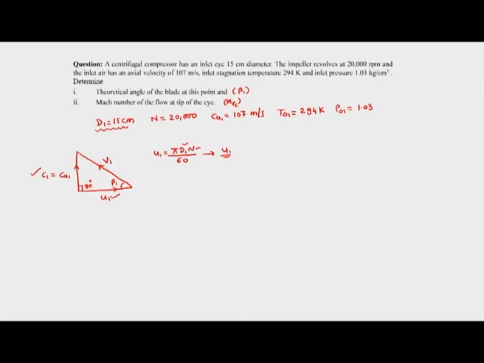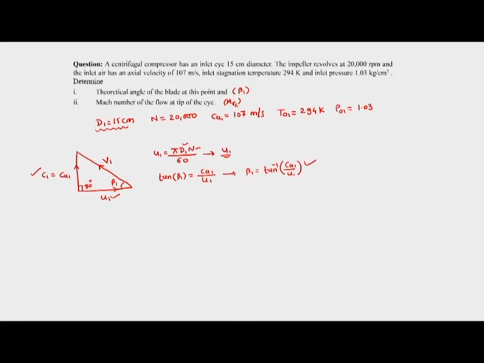That means we can find out beta. Tan of beta 1 is equal to CA1 divided by U1, so beta 1 is equal to tan inverse of CA1 upon U1. So we know the first point, which is the theoretical angle of the blade at the inlet, at the entry.